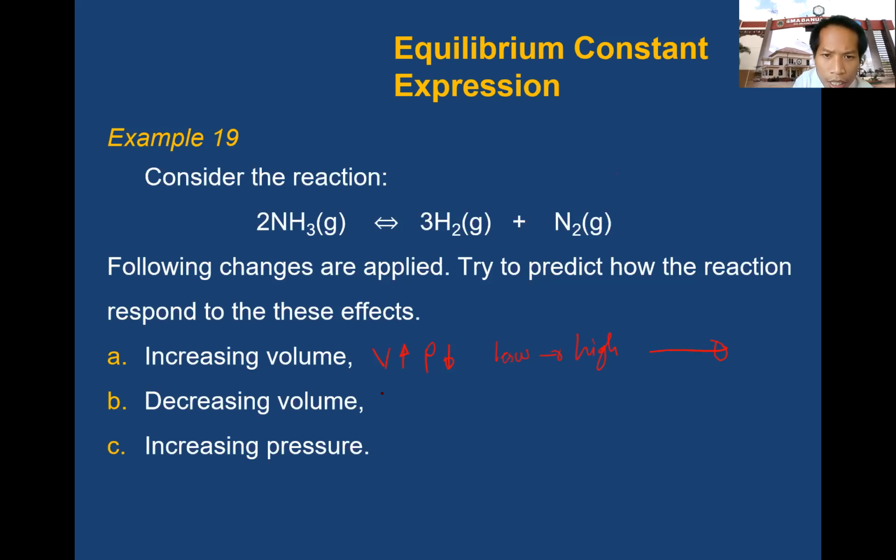B, decreasing volume, pressure increasing. So it is the reverse, from high to low. So it must be to the left. C, increasing pressure. Pressure increase means volume decrease, which is also from high to low. So it will be to the left.